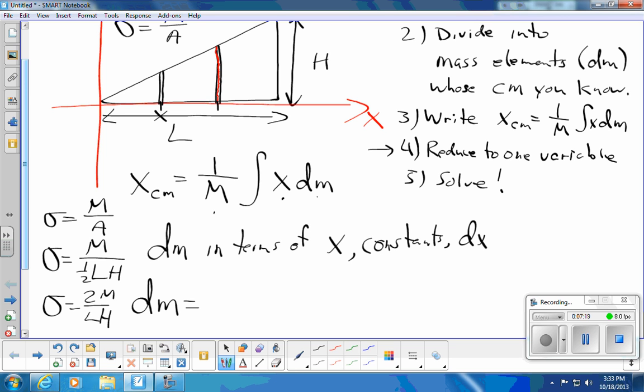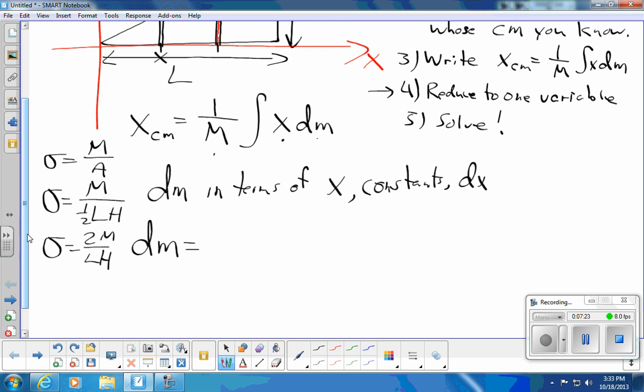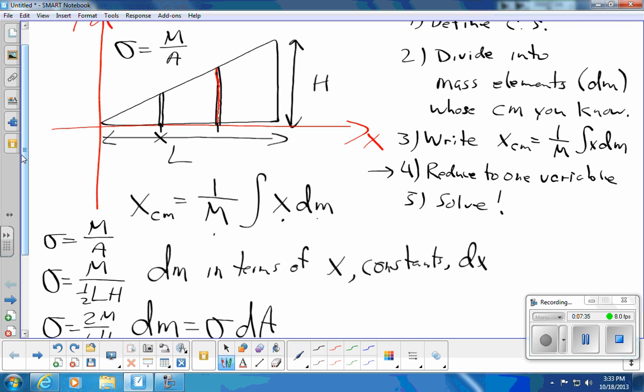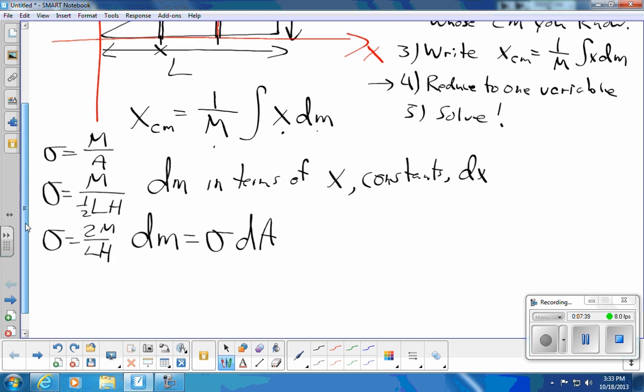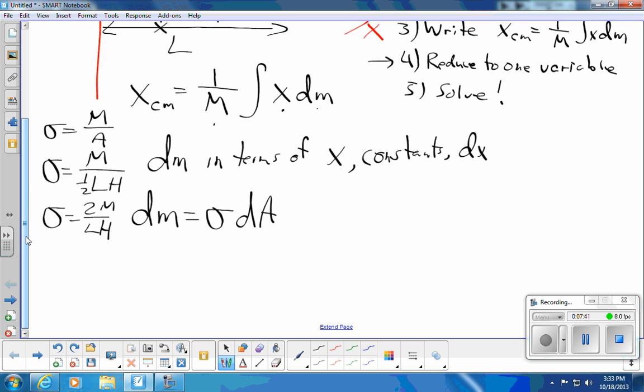Well, it has an amount of mass which is equal to density times area. If density is mass over area, mass is density times area. But I'm using sigma for density, and I'm putting in dA because the area of this little tiny piece is infinitely small.